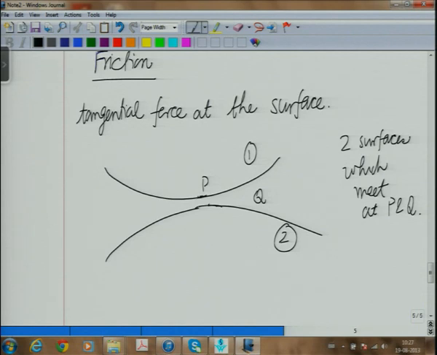Now to these common surfaces, there is a normal direction and there is a tangential direction. So this is the normal direction and ET is the tangential direction. And what I am saying is the tangential force which comes from the other body on body 1 is what we call the force due to friction.